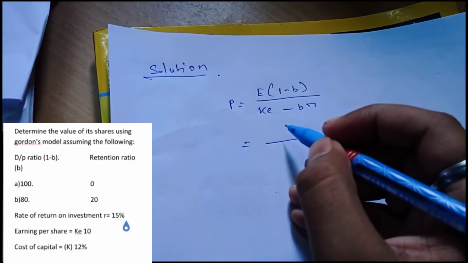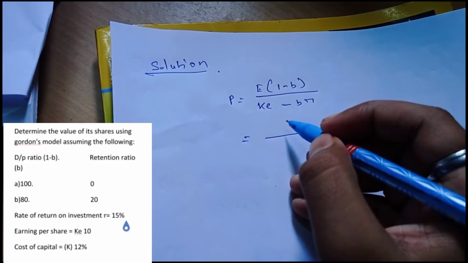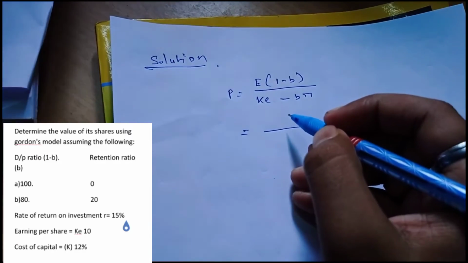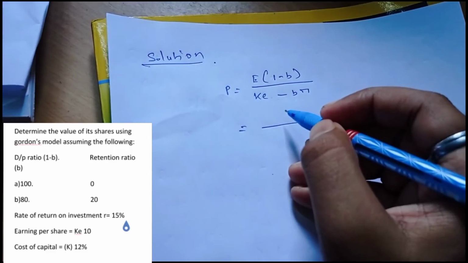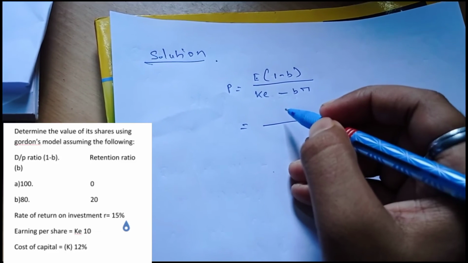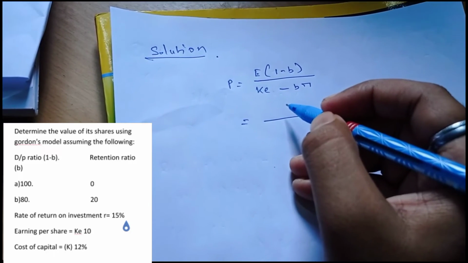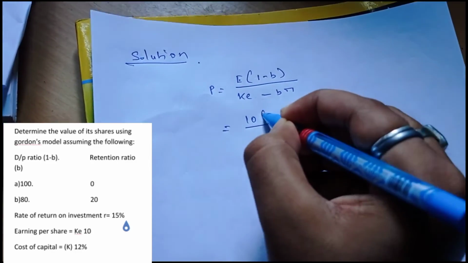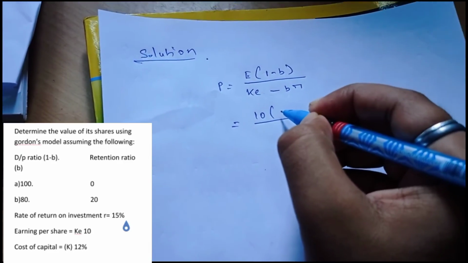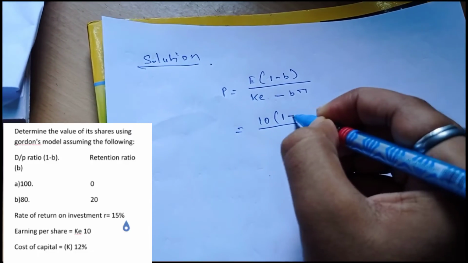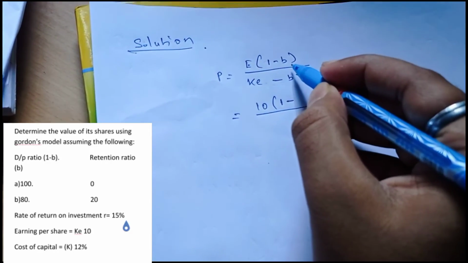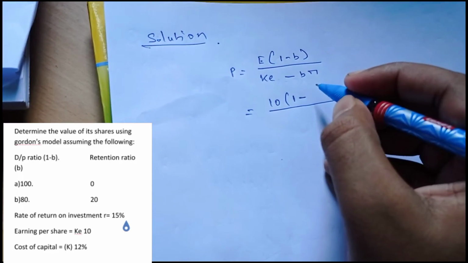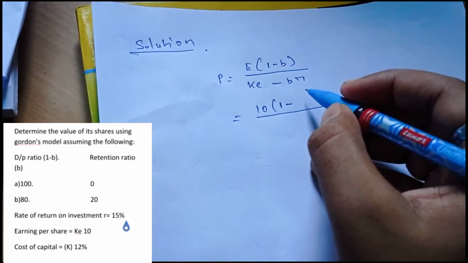First, what we have get, cost of capital. Cost of capital was 12% and earning per share rupees 10. First we have to find out in question earning per share E, which was 10, and 1 minus B, 1 minus B, what is 0.